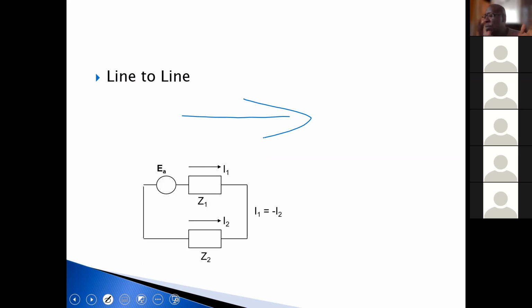All right, so in summary, because in terms of the theory, we're basically done with the theory, in summary, we want to look at the steps that you'll take for fault analysis using symmetrical networks.